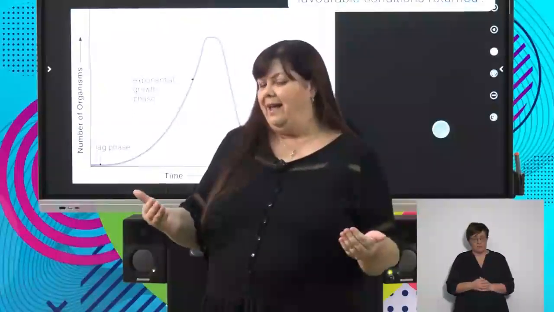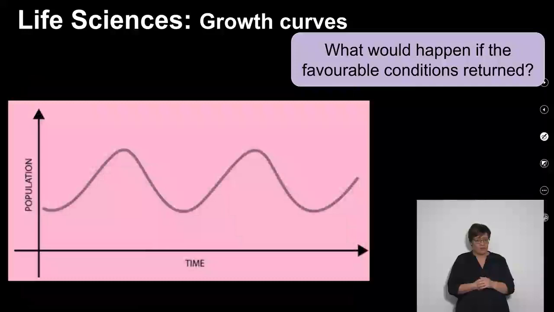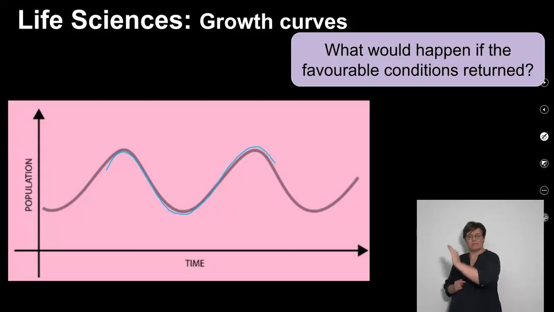What would then happen to this population growth curve? Well, what we would see is that our growth curve would decline, we return conditions favorable, and it goes up again, but eventually we're going to start seeing these fluctuations or these booms.